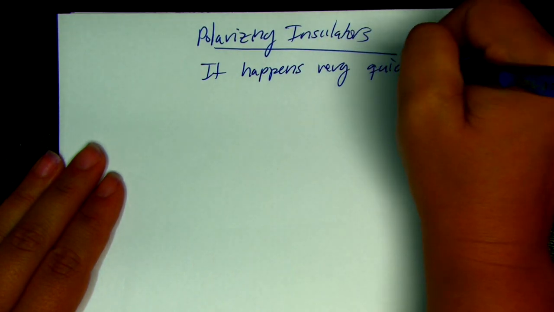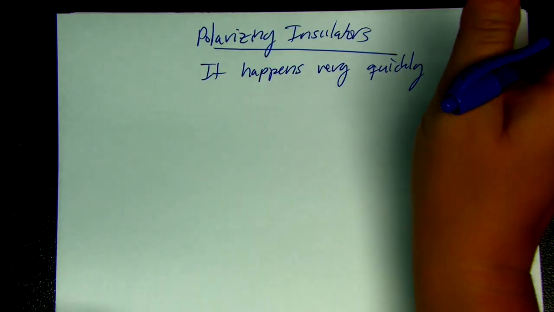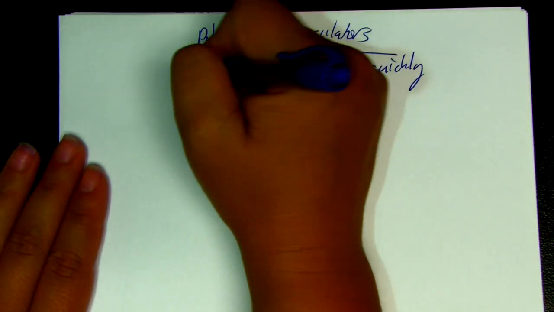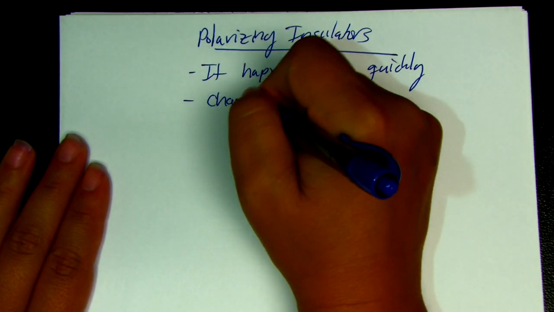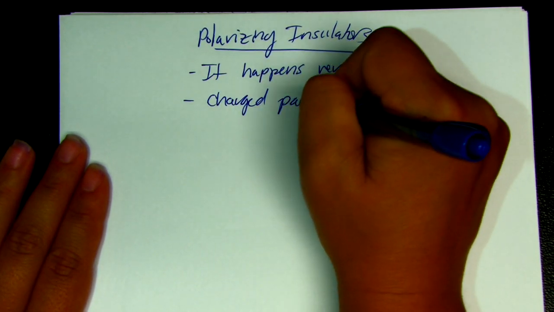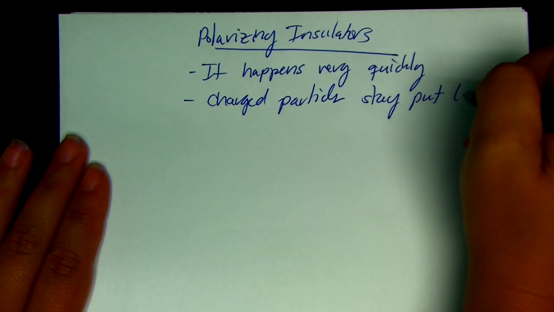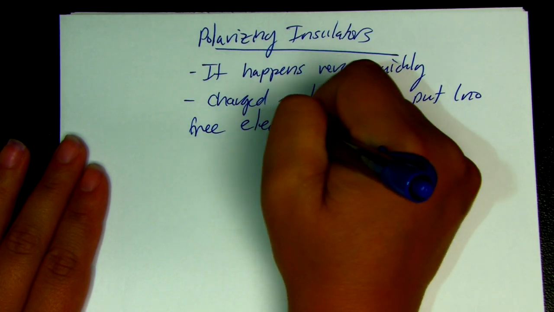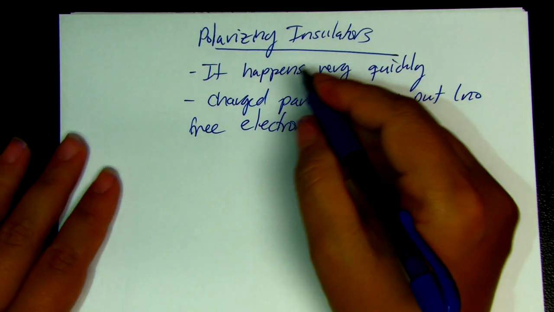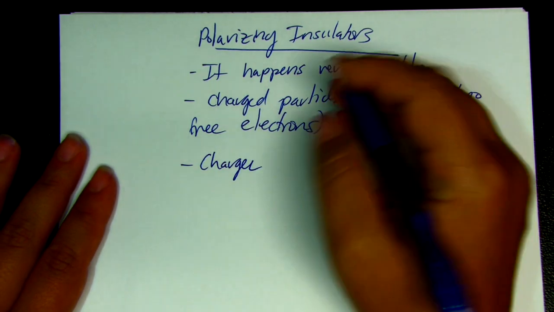So you observed that the tape would become almost instantaneously attracted to everything. Charged particles will stay where they are. But there's no free electrons. And charges can be bound to a particular spot.